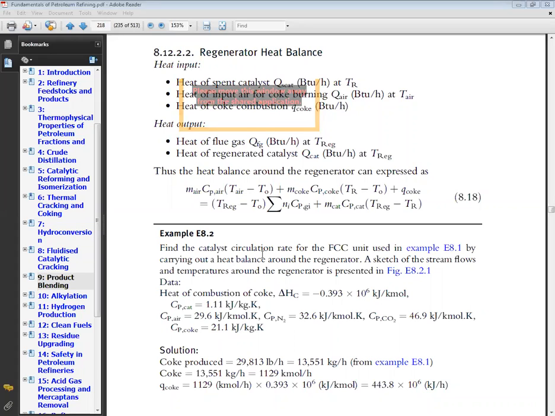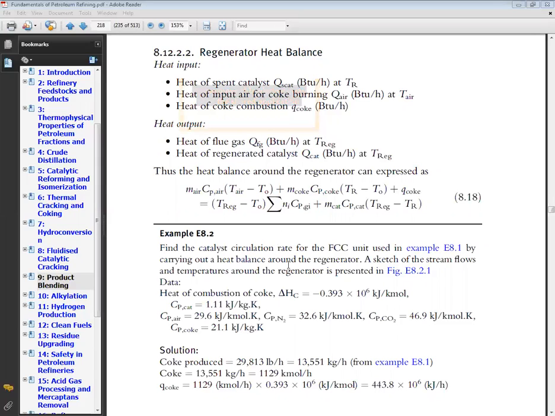Regenerator. Exactly, very good, thank you. So the catalyst will be continuously regenerated, meaning continuously circulated. Spent catalyst goes from reactor to regenerator, and regenerated catalyst enters from regenerator to reactor, right? So that is why we have to find the catalyst circulation rate, or catalyst mass flow rate.